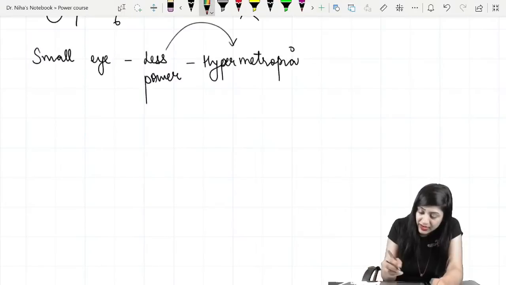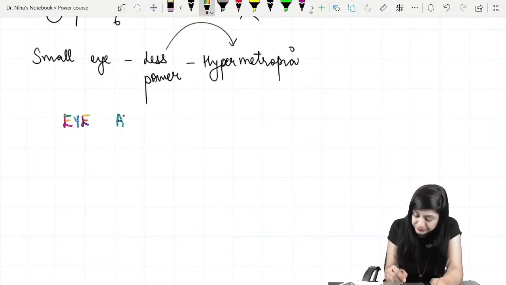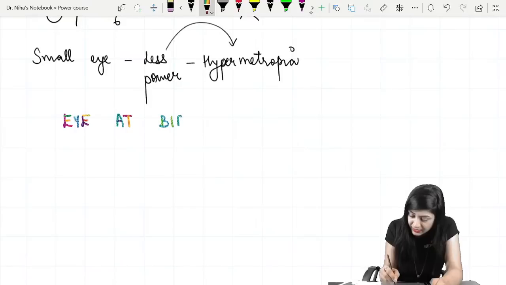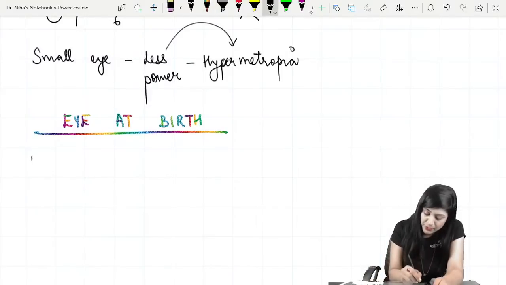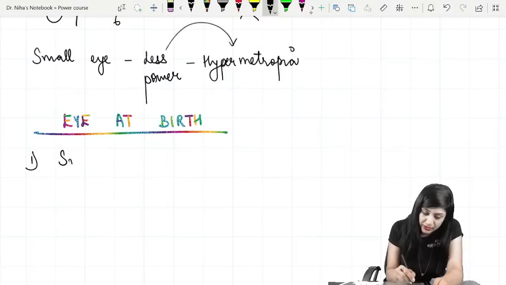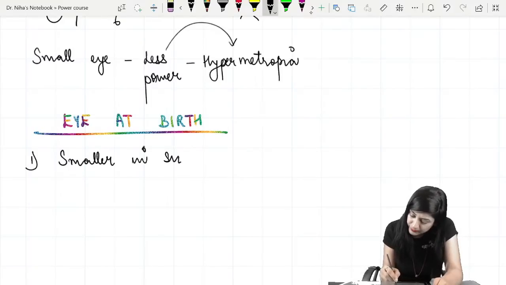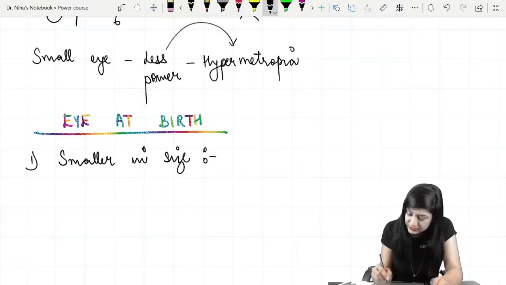So, the eye at the time of birth: number 1, it is smaller in size, about 16.5 mm.